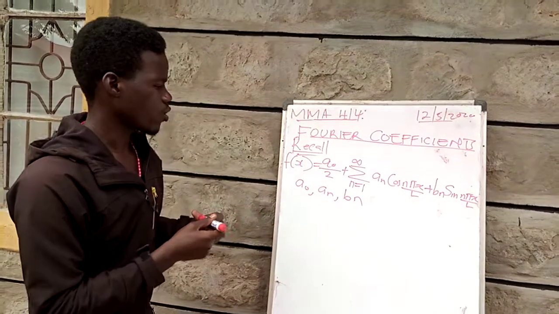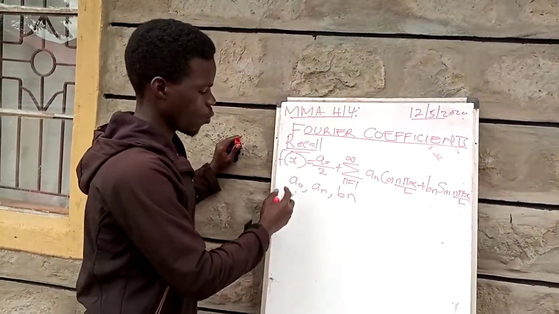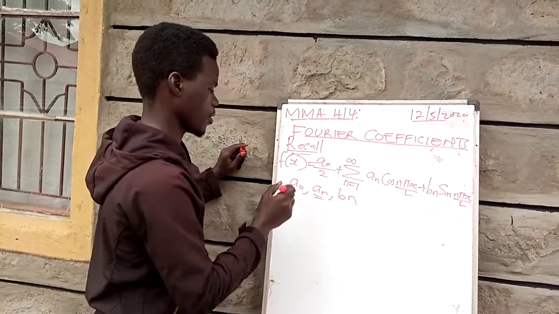So we are going to look at how we are going to derive them one by one, and we are going to begin with an.